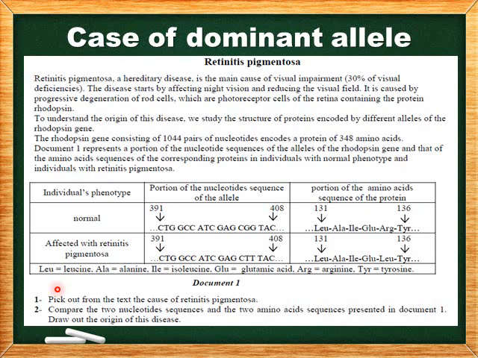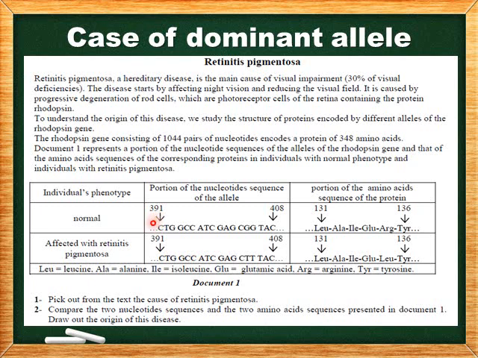Number one, you have to pick out from the text the cause of retinitis pigmentosa. It's easy. Directly you go, it's a hereditary disease, and this is what causes this disease. Compare the two nucleotide sequences. With comparison, you have to take the given only. So you are given 391, the first one, so start from it.